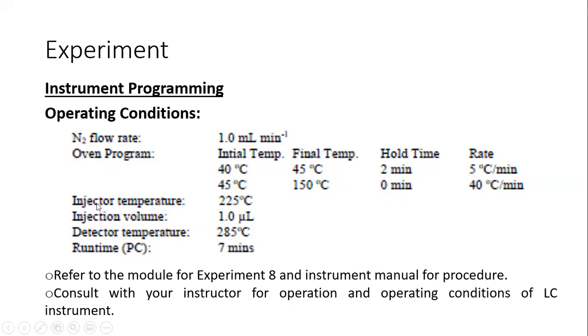Another important thing when you perform a GC analysis is you need to determine the temperature of your injector and the detector. Why is it important that the temperature of the injector port is high? And why is the temperature of the detector higher than the temperature of the injector?